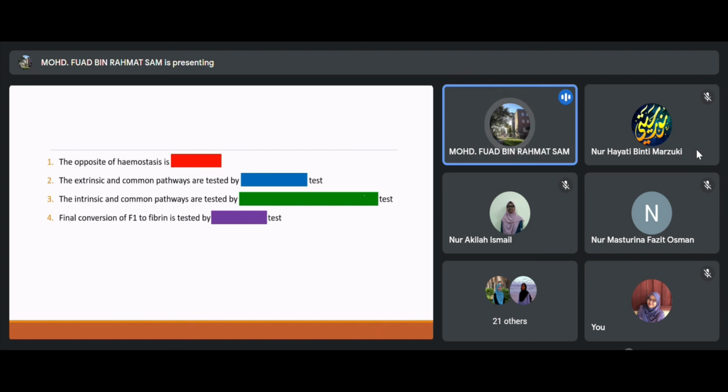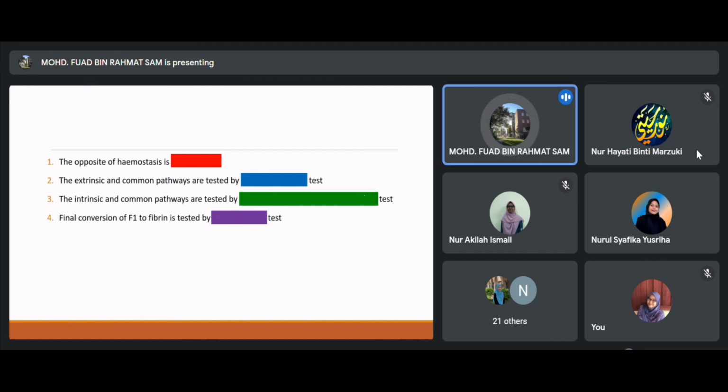Mungkin start dengan yang first. The opposite of hemostasis is what? Mungkin Syafiqah ada? The opposite of hemostasis is what? Homeostasis.